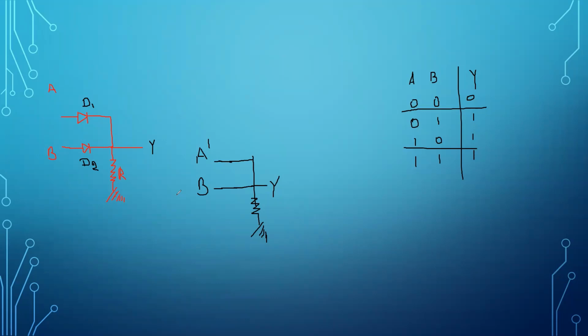So after that we are having 1 as output. So we can finalize that this is the internal circuit for the 2 input OR gate. In this way, we integrate all circuits to behave like logic gates. Thank you.